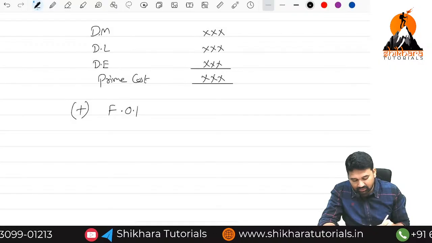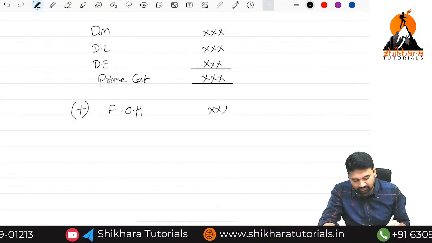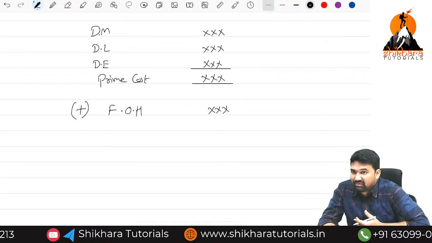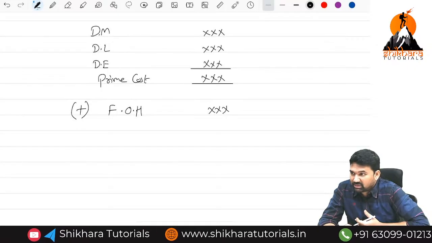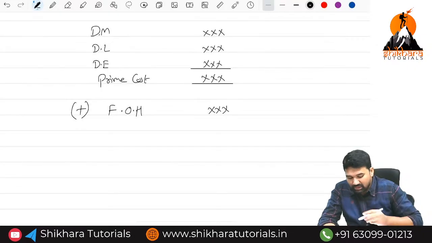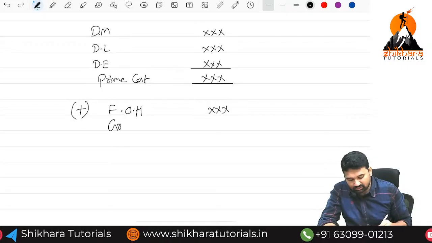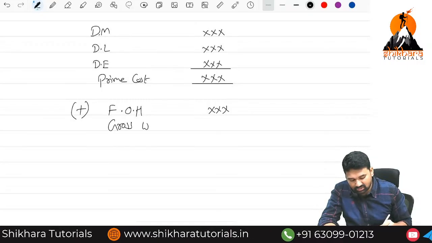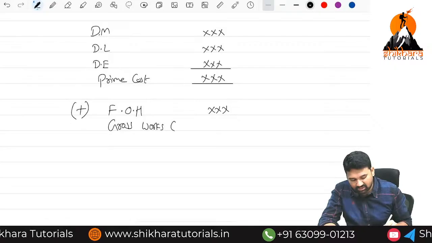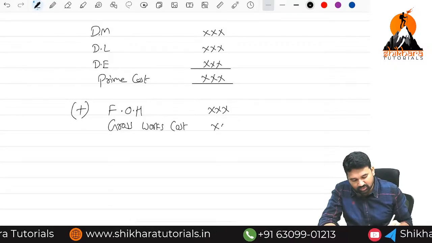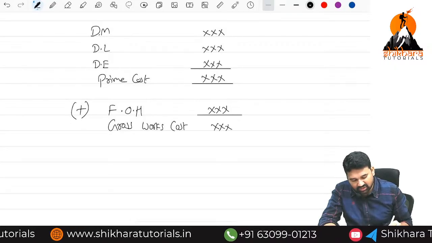Factory overheads. So after adding factory overheads to prime cost, the result will be called gross works cost.